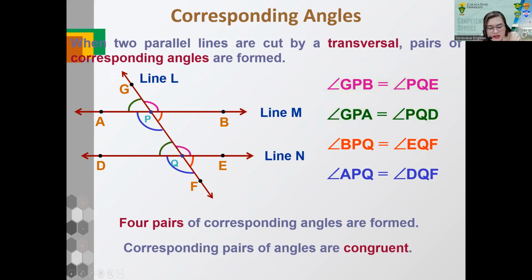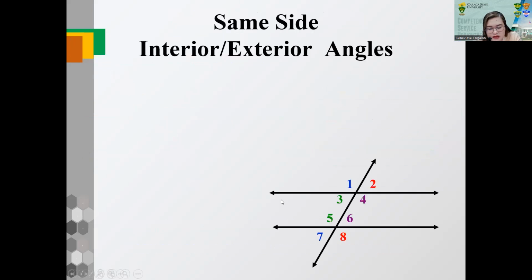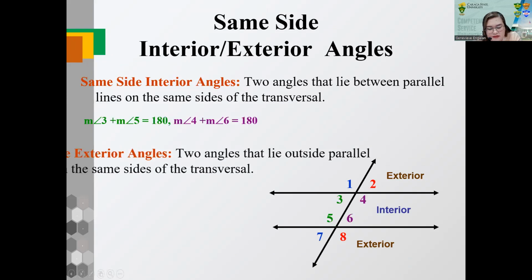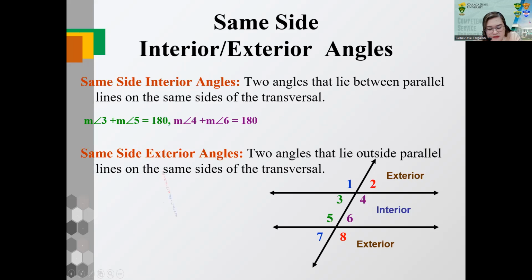And this one, and this one. Okay, same side, interior or exterior angles, they are supplementary, no? Okay, kana. So equal to 180.